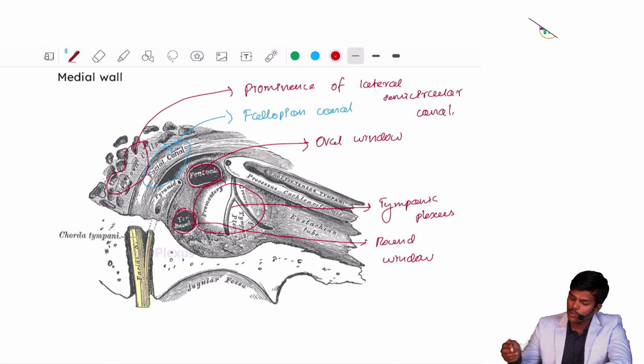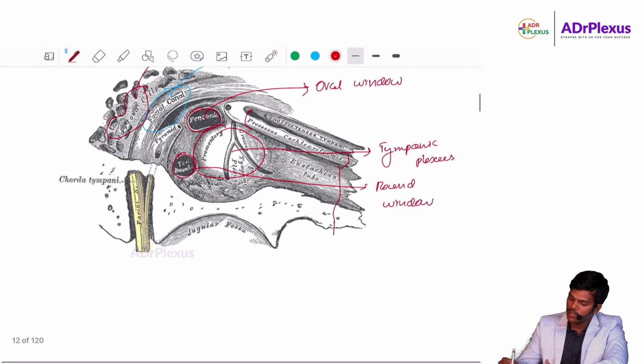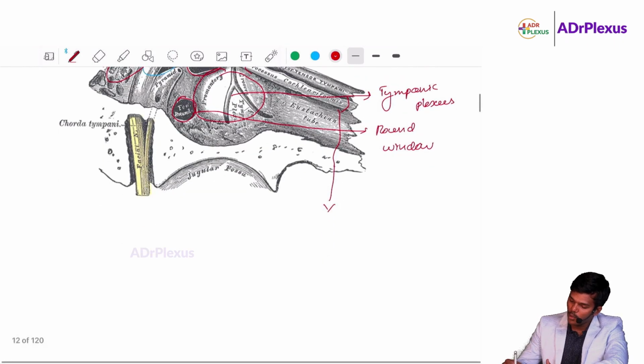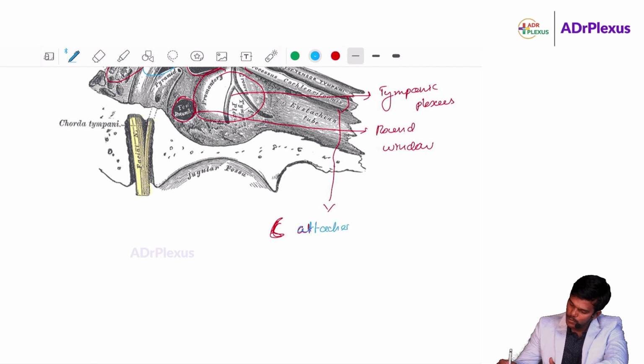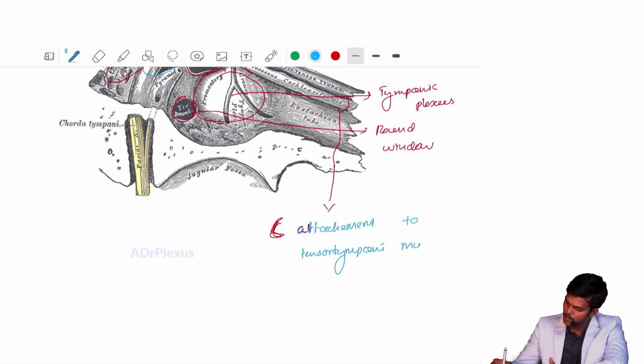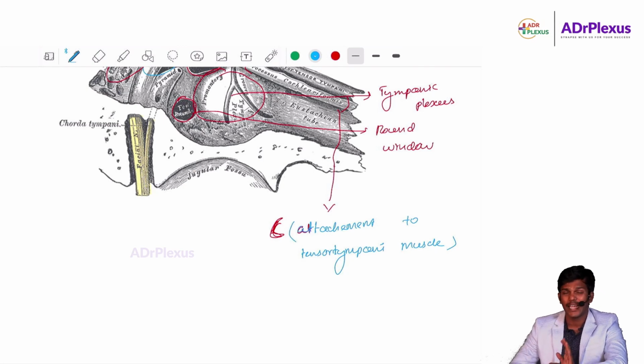Now just anterior superiorly you will be having the processus cochleariformis. This processus cochleariformis will be a hook like structure. It gives attachment to tensor tympani muscle.